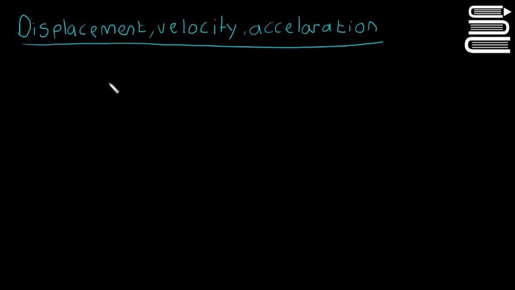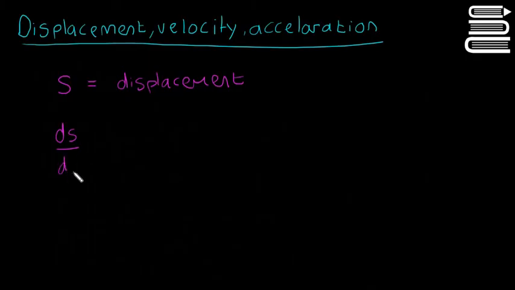So let's say S is the symbol for displacement, hope you remember. Now if we differentiate S with respect to t, so ds/dt, that will give us V, velocity, okay? So this is really useful.